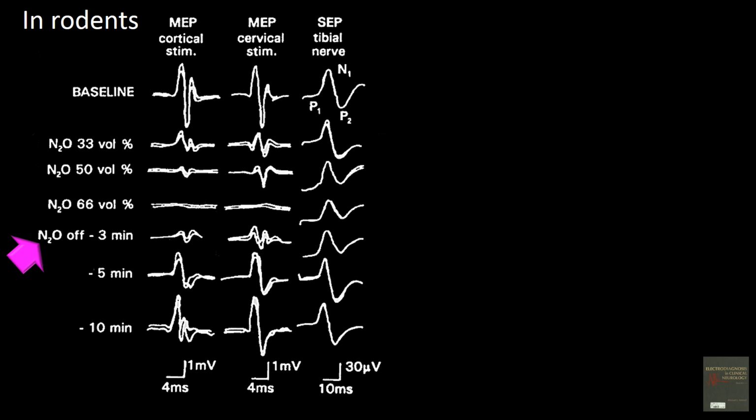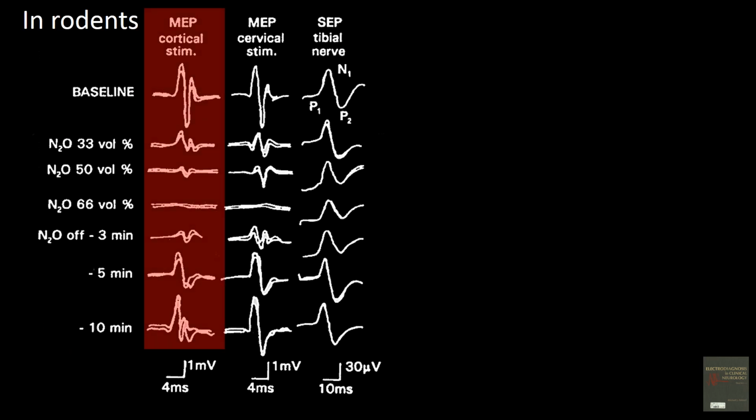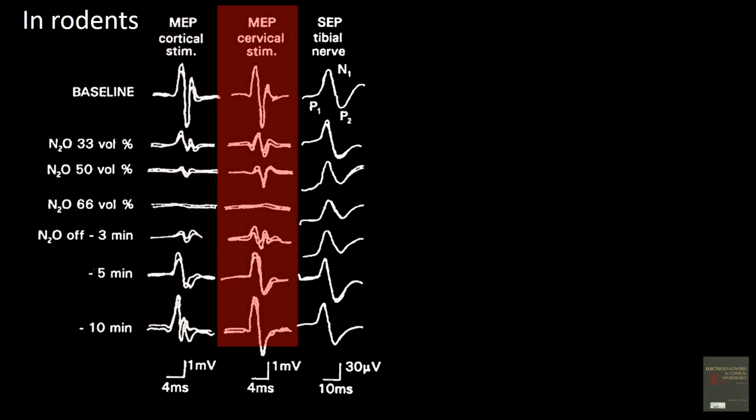And then, after stopping the nitrous oxide, those potentials start increasing again until they are back to normal in this experiment about 10 minutes after the nitrous oxide was stopped. Notice that this pattern is present with cortical stimulation and with cervical stimulation.